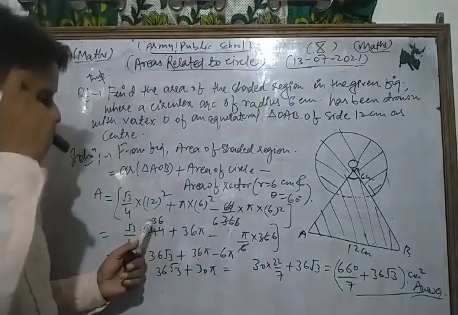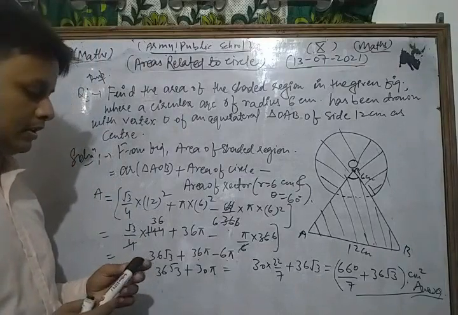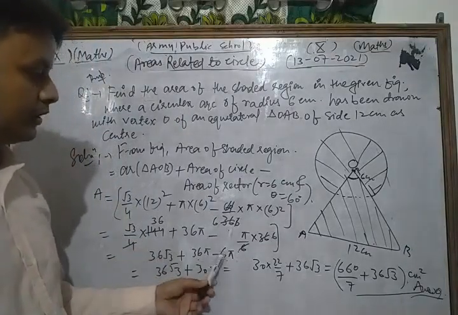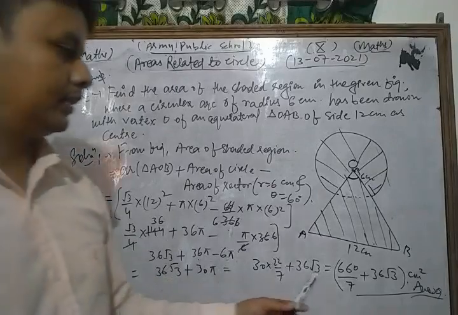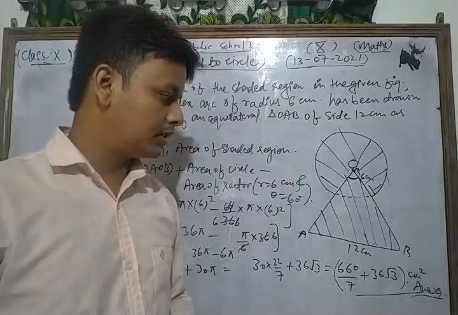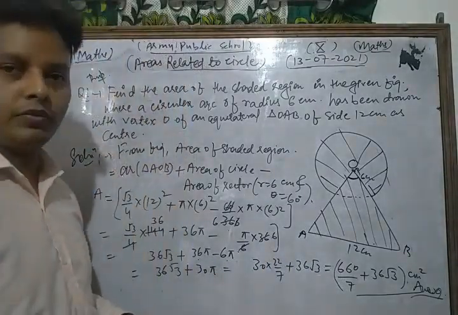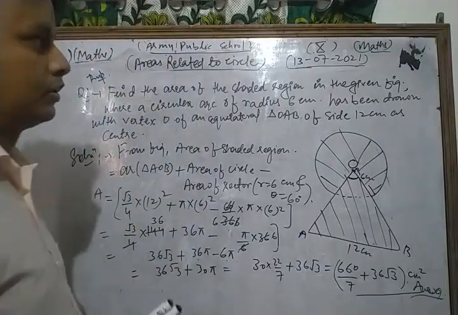After putting the formula we put each and every value in the expression, and after simplifying we get the area of the shaded region as 660 upon 7 plus 36 under root 3 centimeter square. So in this way you can solve this type of questions.